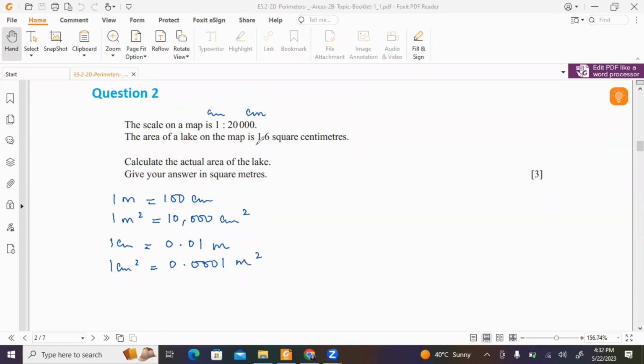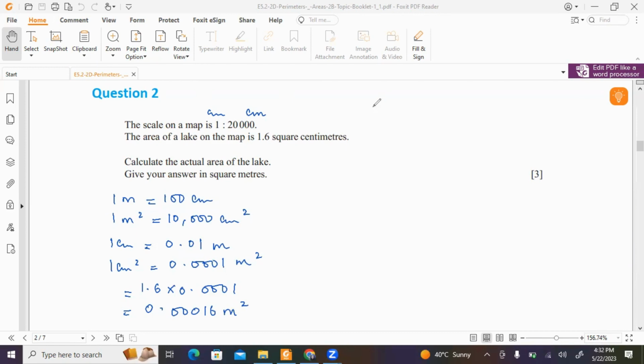So to write 1.6 square centimeters into meter square, it's going to be 1.6 times 0.0001, which will equal 0.00016 meters square.